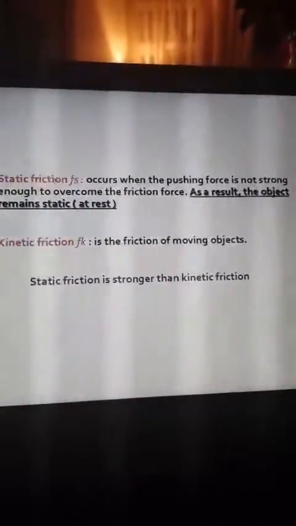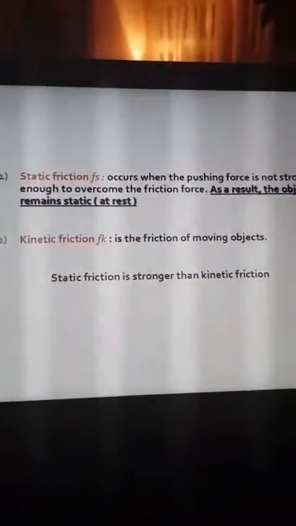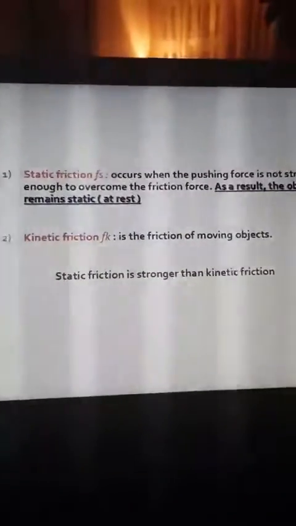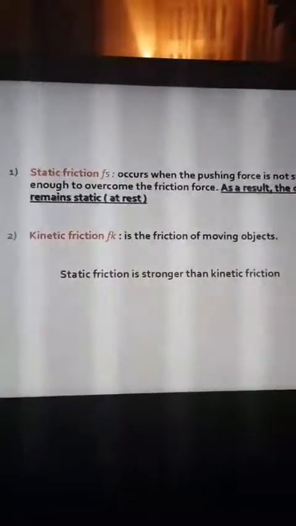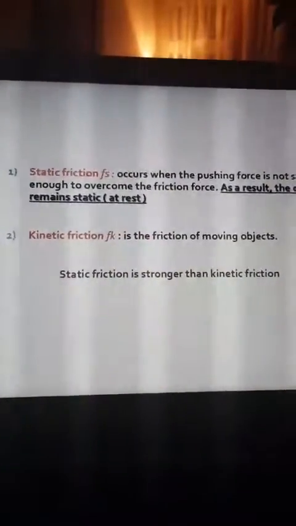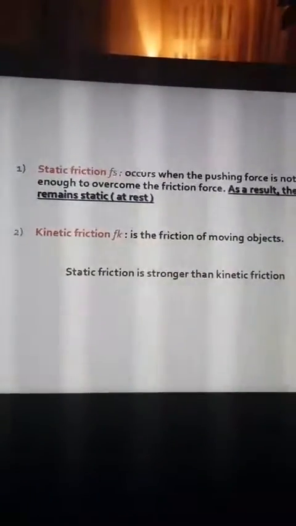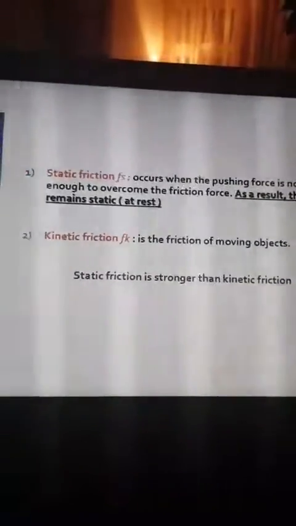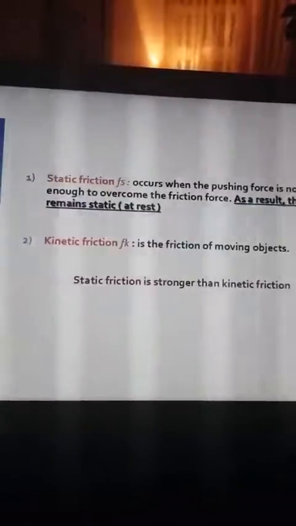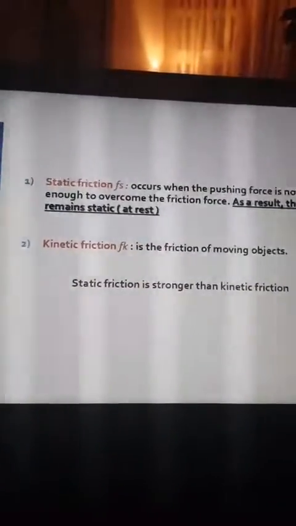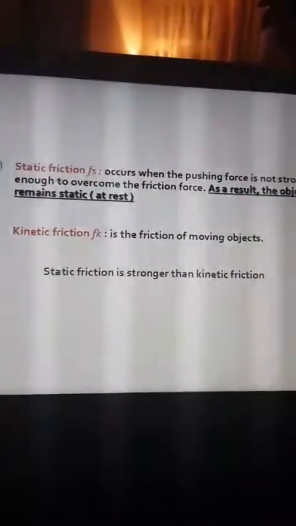As a result, the object remains static, at rest. So there is an object, you are pushing this object and the object is not moving. You are pushing, you are applying a force, but the object doesn't move. And at any moment you know that the forward force that you are applying equals the static friction in the opposite direction to the applied force.